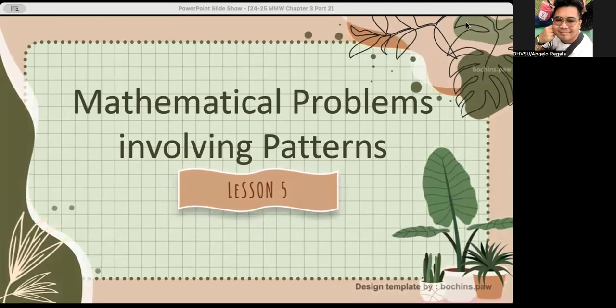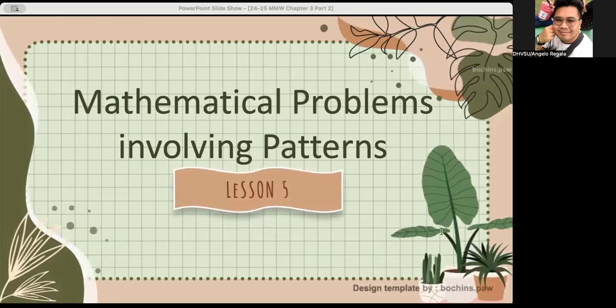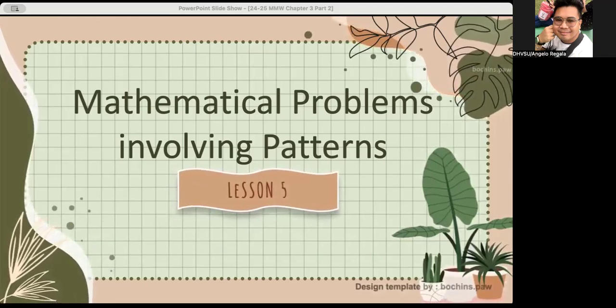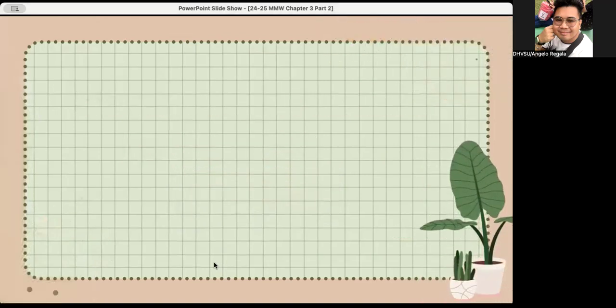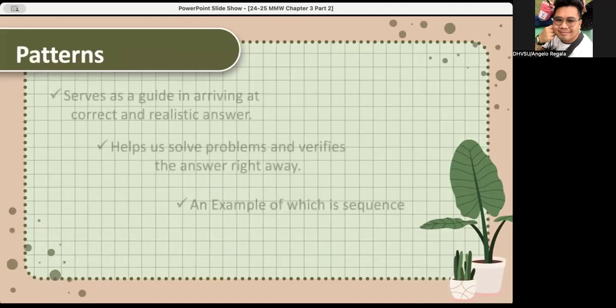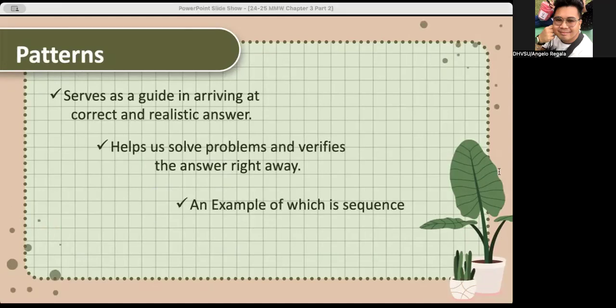Next one is mathematical problems involving patterns. As we know from chapter 1, patterns serve as a guide in arriving at a correct and realistic answer.